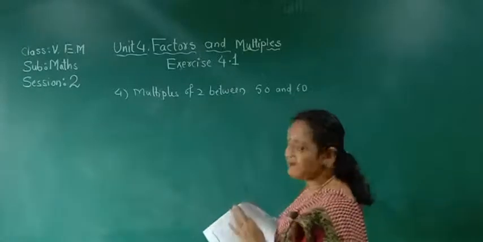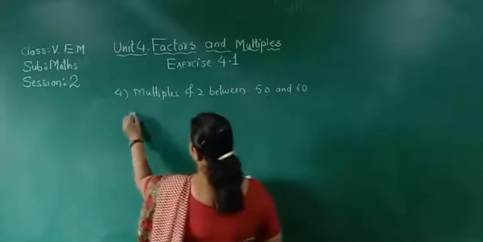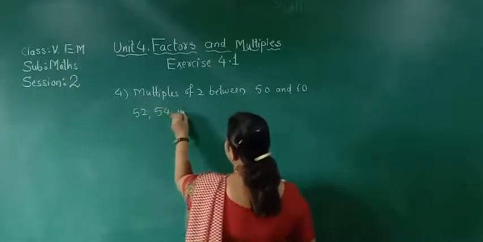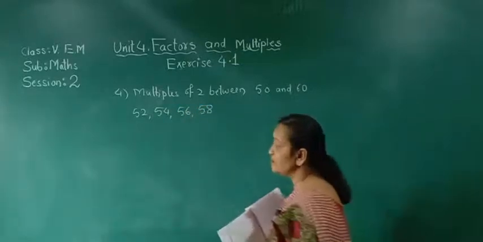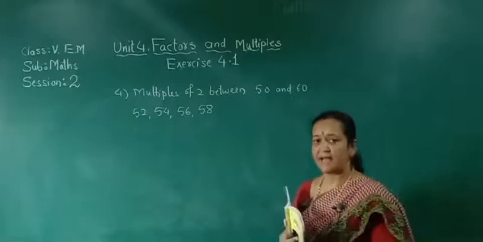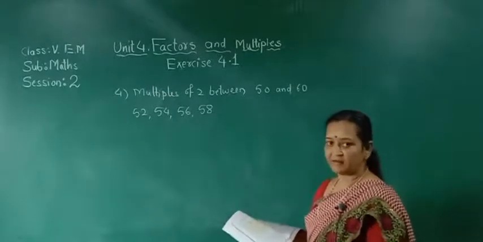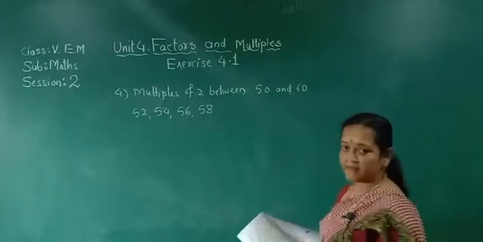So here after 50, which is the first even number? 52. Here 52, then comes 54, then it is 56 and 58. Here you should not include 50 and 60. It is told between the, not told from the, okay. So it is between 50 and 60.